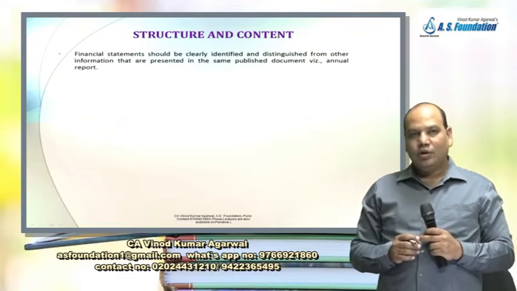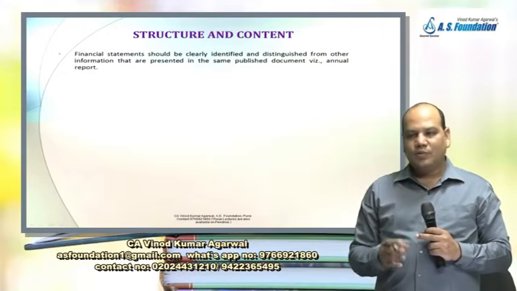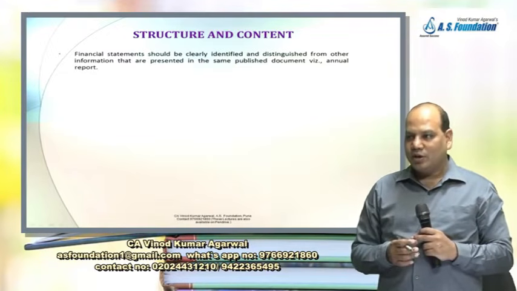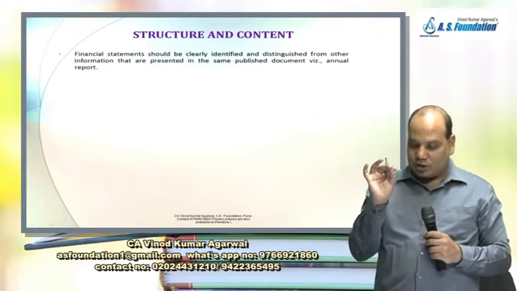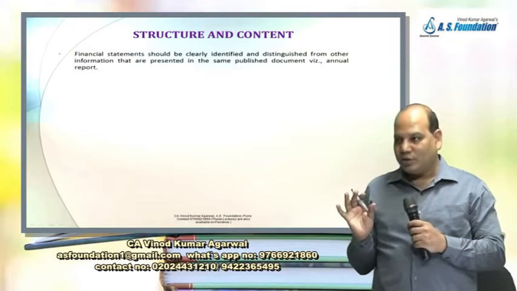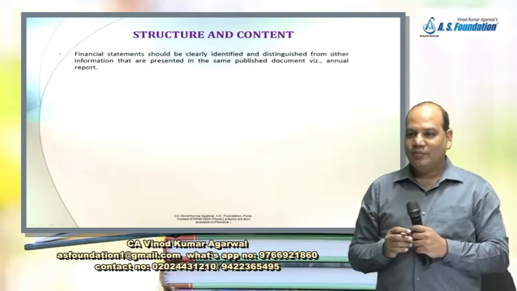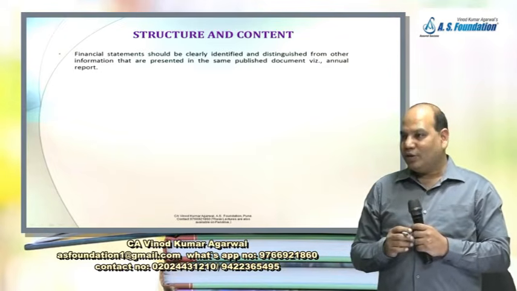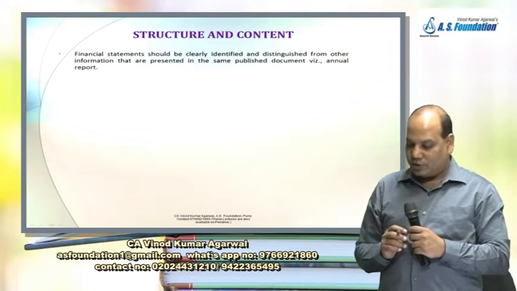You will find there, after the director's report, management discussion and analysis, auditor's report, it is very clearly mentioned: statement of financial position, statement of profit and loss of this company for this period, and whether it is standalone or whether it is consolidated. That is the meaning of this line.